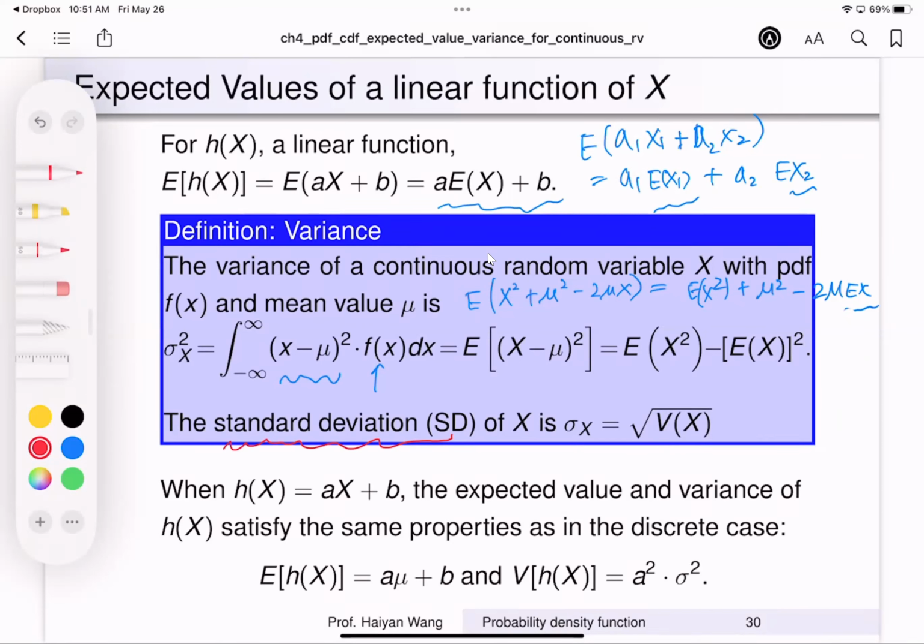Okay. So for example, this is the PDF, and the mean is somewhere around here. This is the mean. And it's likely the standard deviation might be above mu by this amount. So this spot, that's the mu plus the standard deviation.